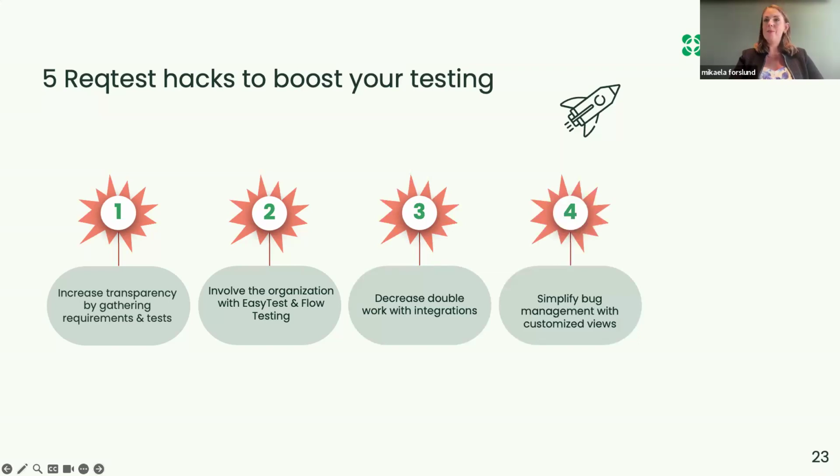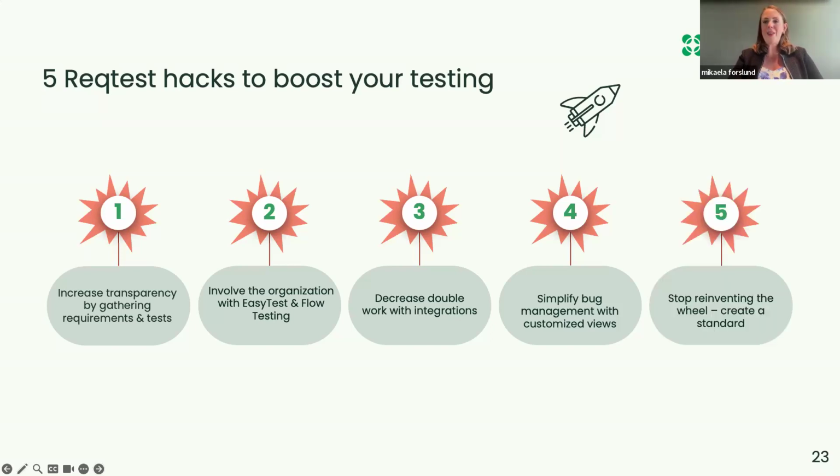Fourthly, we look at how we can simplify bug management with customized views, and also how we can go back into our work and draw conclusions on how we can continuously improve our quality assurance work. And finally, we looked at how we can stop reinventing the wheel every time that we start a new project by creating a standard for quality assurance, thus making it easier to scale up our quality assurance work going forward.